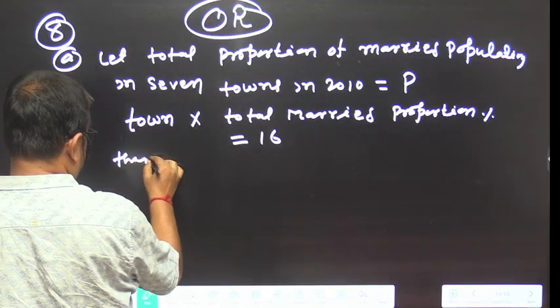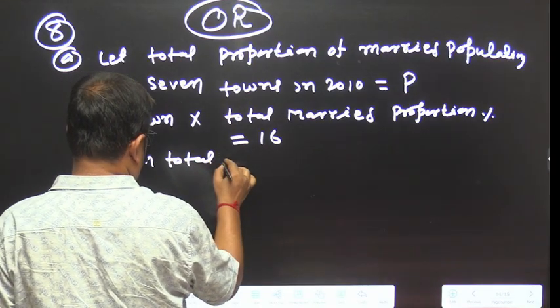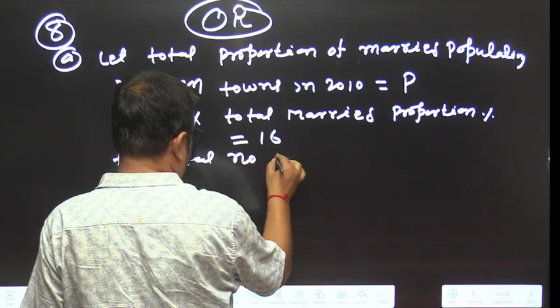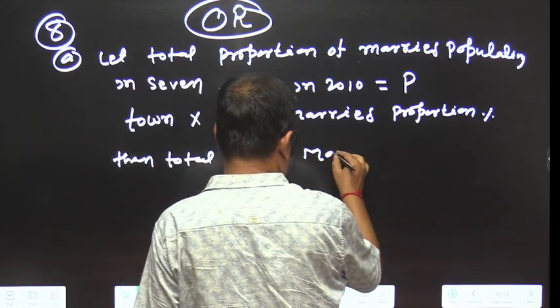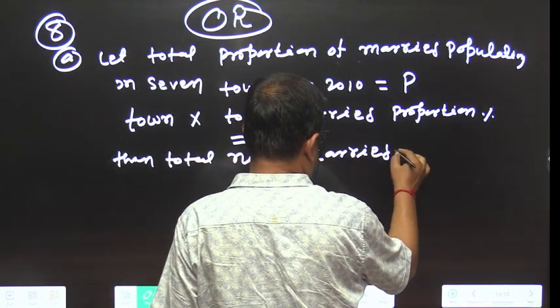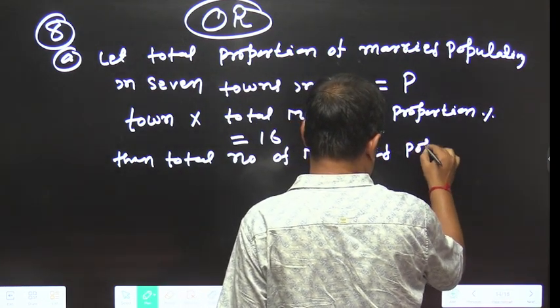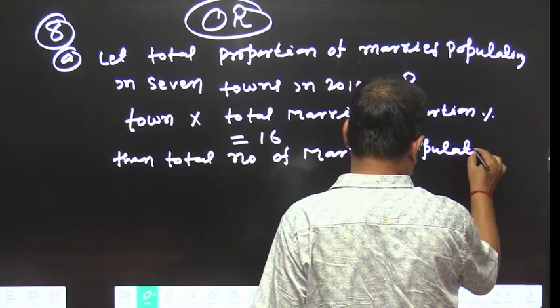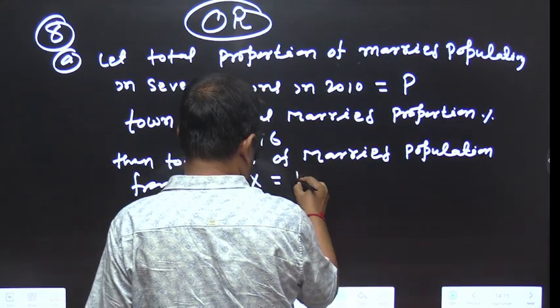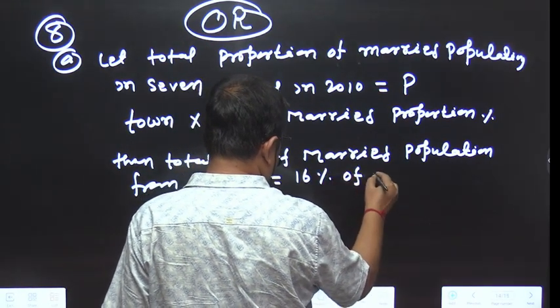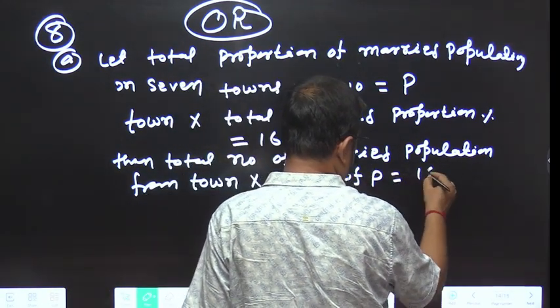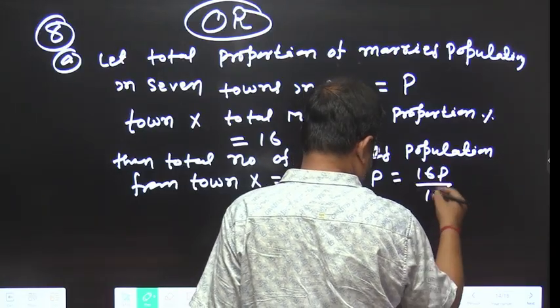Then the total number of married population from town X equals 16% of P, so 16P upon 100.